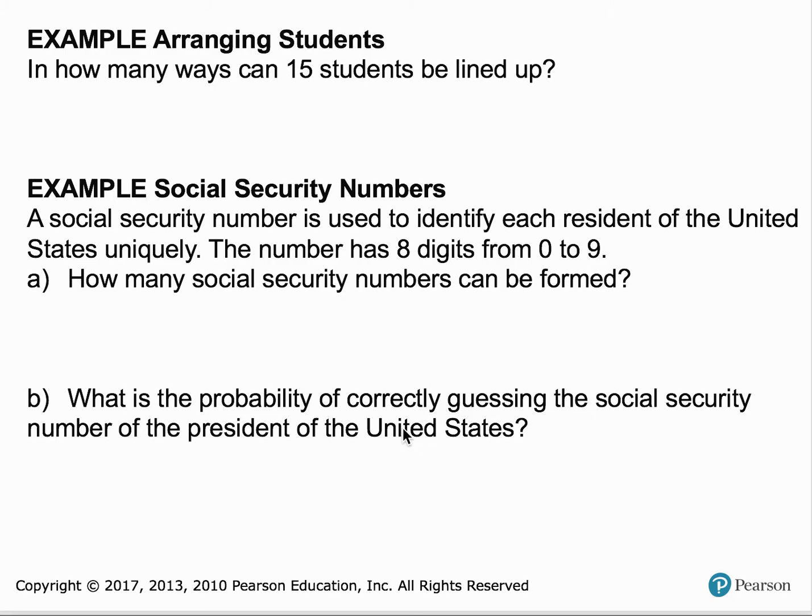Me at the head of the line, and then Joe, and then Fred is different than Fred first, and then me, and then Joe. That's two different lines. So technically it's 15 because any one of us could be the head of the line. And then once one of them is there, it's 14. And then there's 13, dot, dot, dot, all the way until there's only one person left to get in the line. So this is 15 factorial.